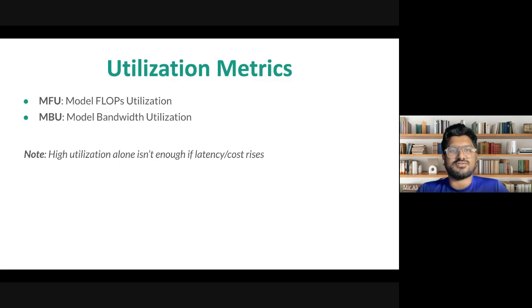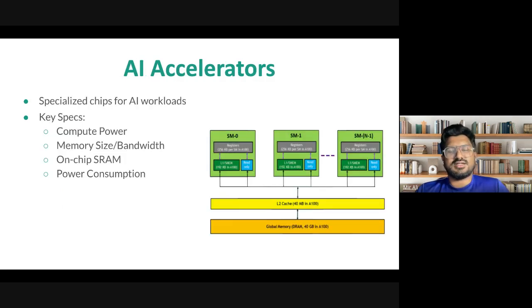Some are NVProf, NVIDIA profilers, and other vendors' tools, based on which we can understand how much flops we are utilizing and how much bandwidth and other metrics. And one thing to note is that high utilization doesn't always mean it provides enough latency and cost improvement.